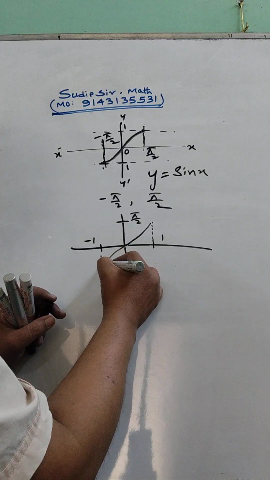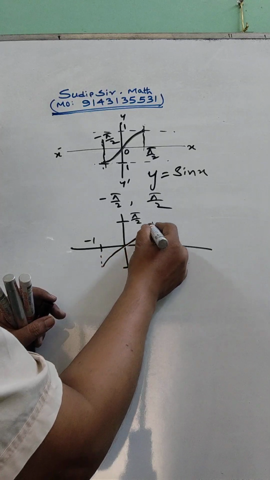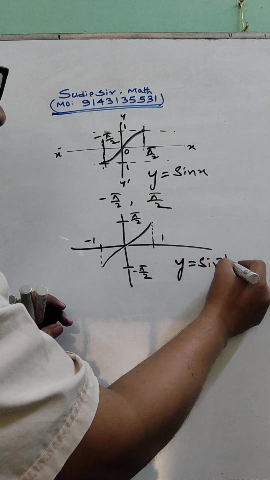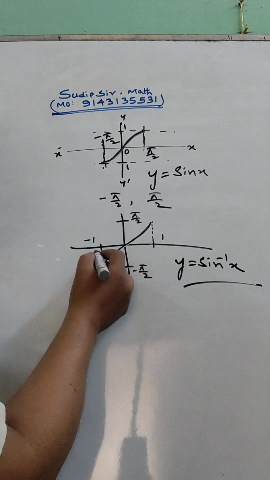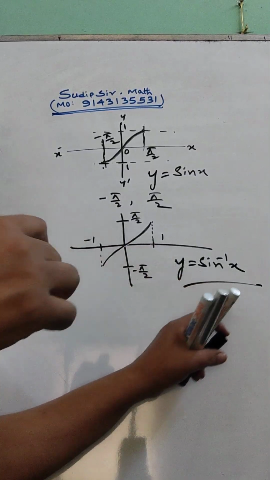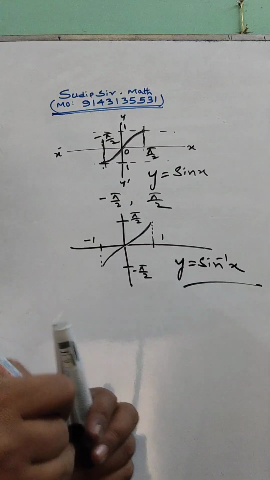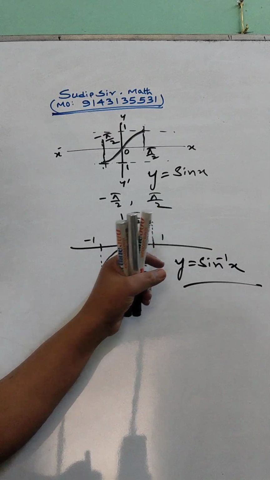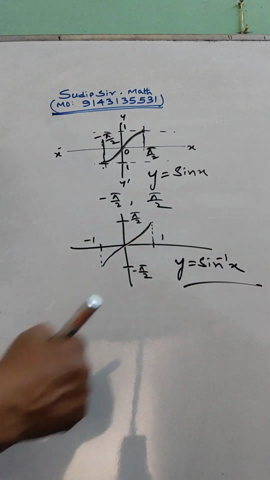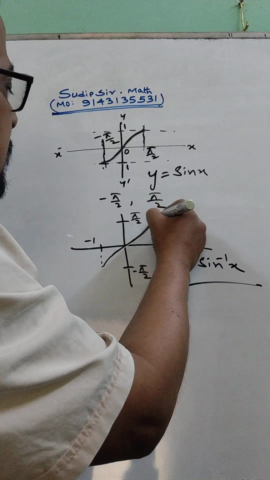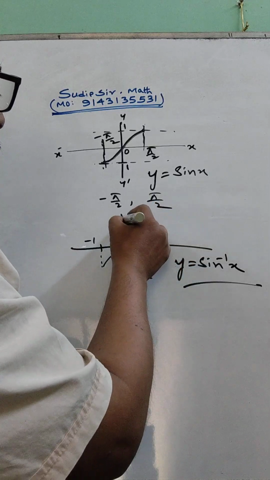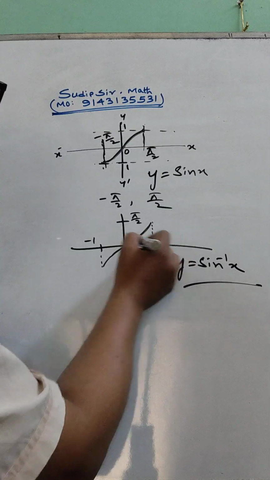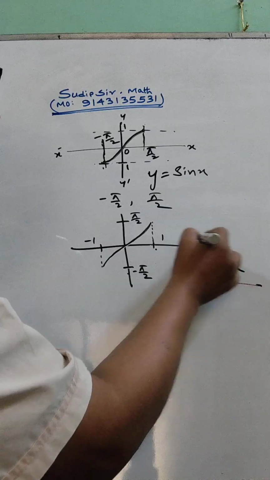This is the graph of y equal to sin inverse x. This is 0, this is 0 comma pi by 2, this is minus pi by 2, and this is 1 on the x-axis.